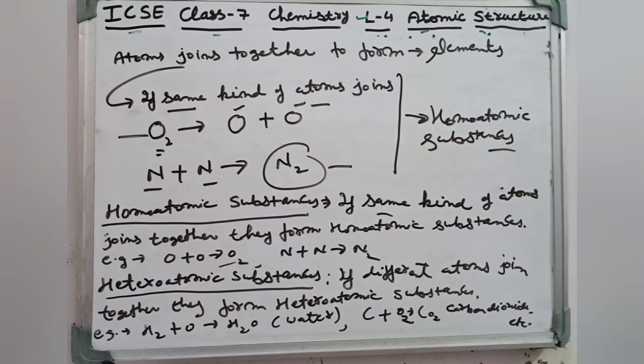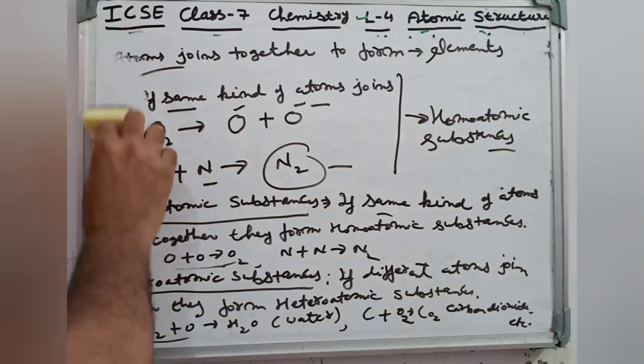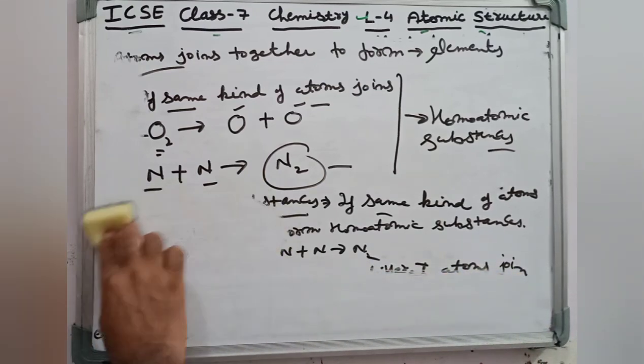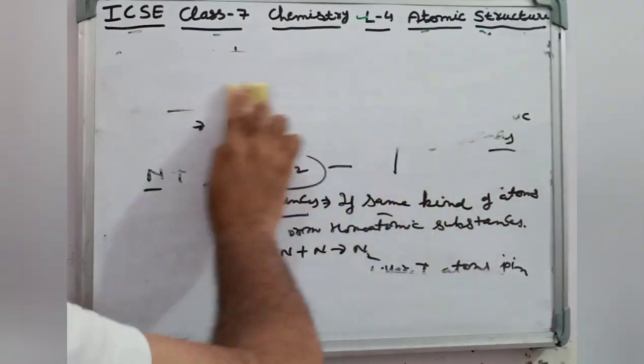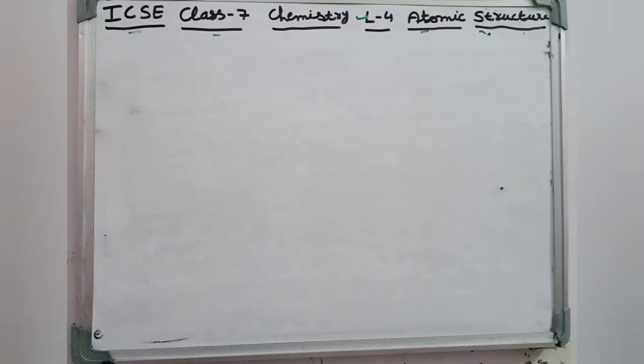Mother Nature has given us O plus O, same kind, O2, oxygen, we breathe. Different, H2 plus O, hydrogen plus oxygen, we get water, or carbon plus oxygen, we get carbon dioxide. So they are abundant by mixing, whether it is of same kind or different, homoatomic or heteroatomic. Right?